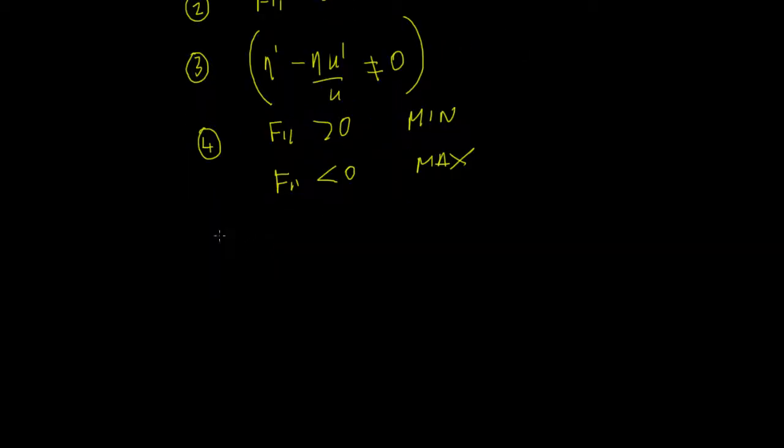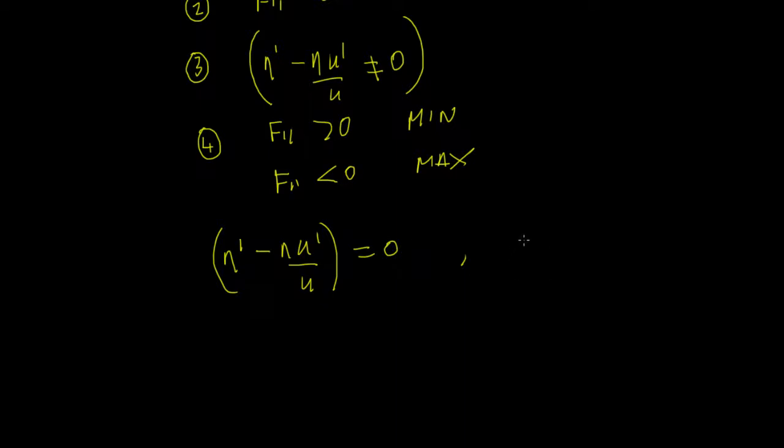If we assume that eta derivative minus eta u derivative upon u equals 0, we can treat this as its own little differential equation, and find the values of eta that would make this 0.